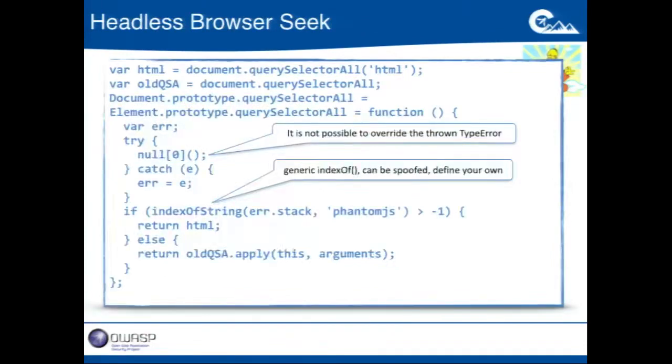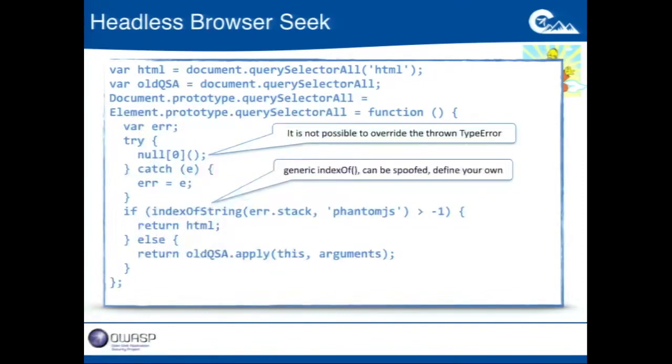So the first example is based on the stack trace technique, looking at the stack trace thrown by the JavaScript engine error. It's just a sample, but you can extend it as much as you want. The first trick is to make Phantom.js execute code that throws an exception.